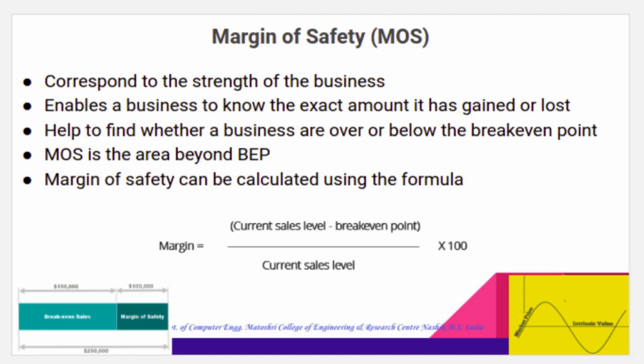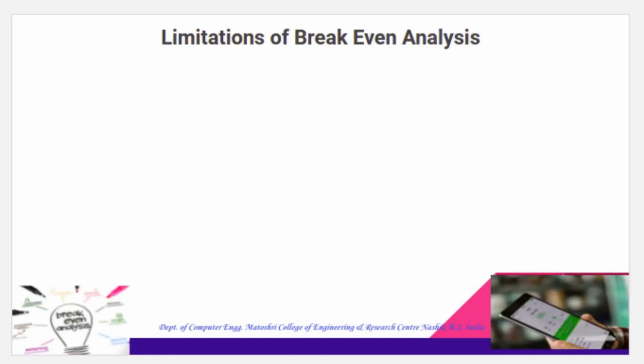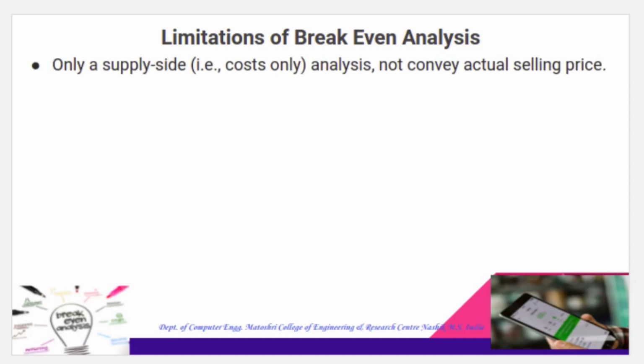Next we will see certain limitations of the break-even analysis. The break-even analysis is only a supply-side, that is, cost-only analysis. It tells you nothing about what sales are actually likely to be for the product at these various prices.